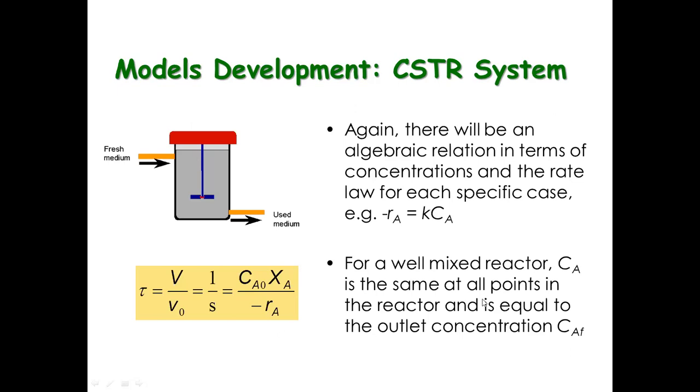For a well mixed reactor, your concentration is the same at all points in the reactor, and it's also equal to the outlet concentration. Like saying that the concentration here at any time is also equal to the concentration of the thing that leaves the reactor. So anywhere here, you have the same concentration at time t as that of the effluent or the outlet concentration. So that's in the case of your CSTR.